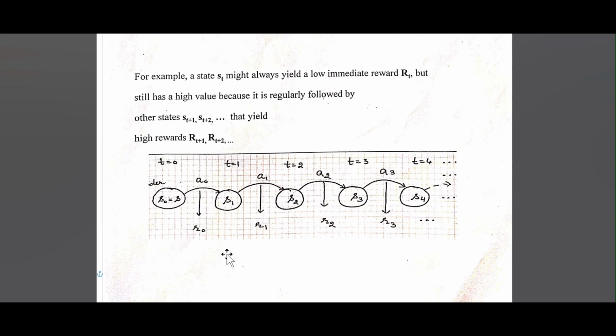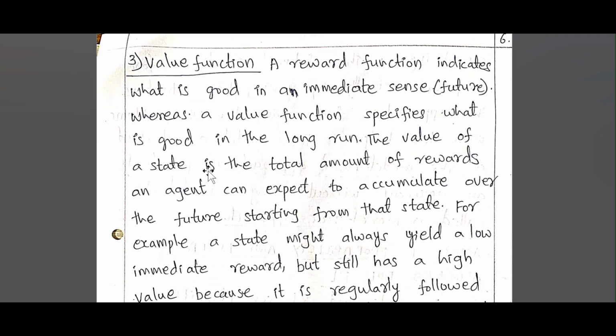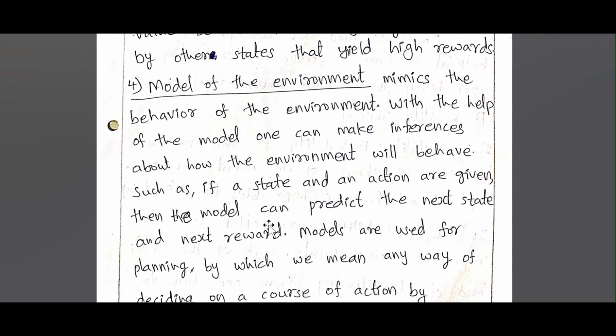This is called exploitation. Exploitation means it is choosing the previous actions to get more yield. It knows that after going through those rewards, it may receive higher rewards. Then next, it is the same value function.